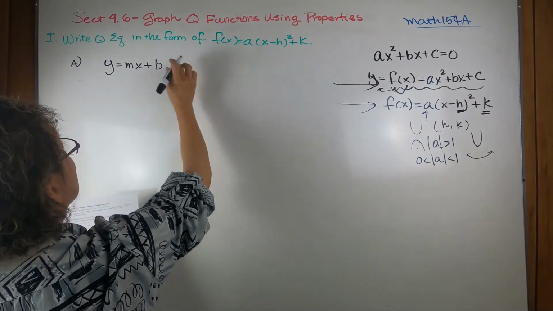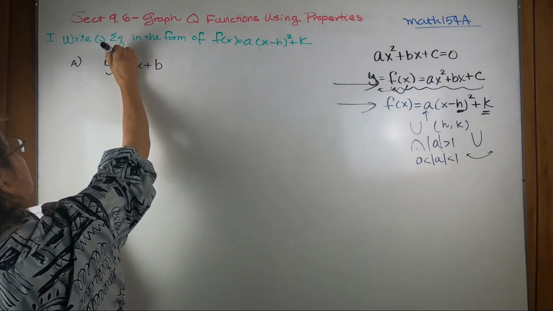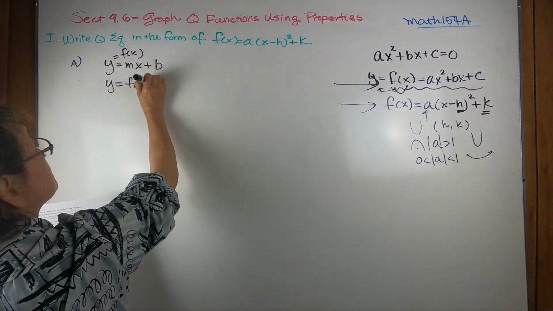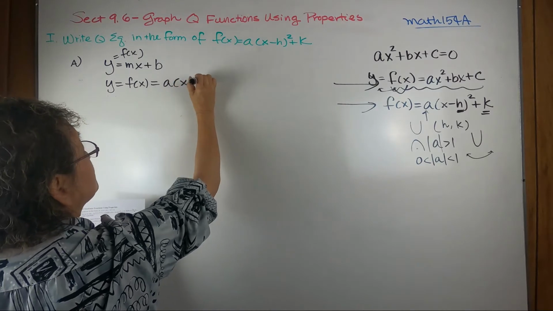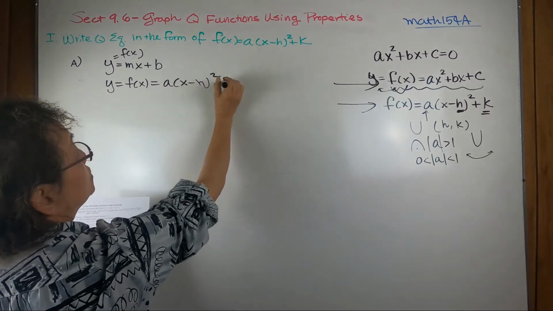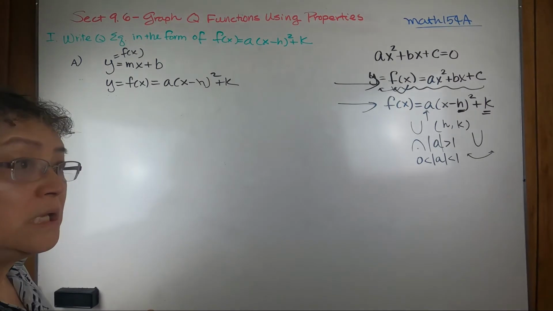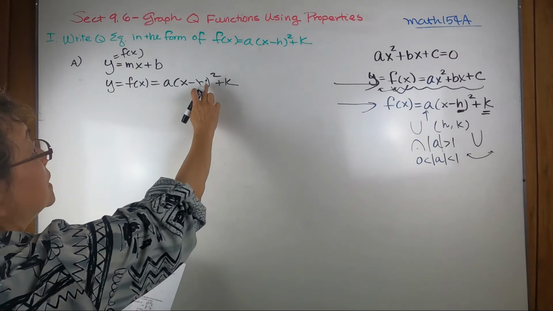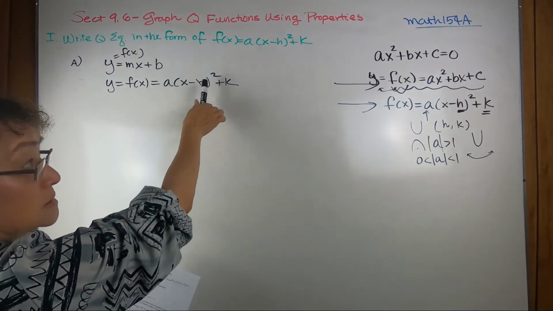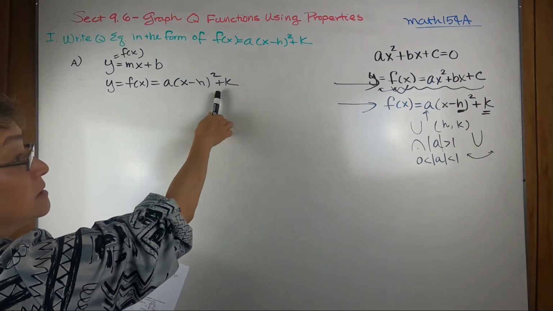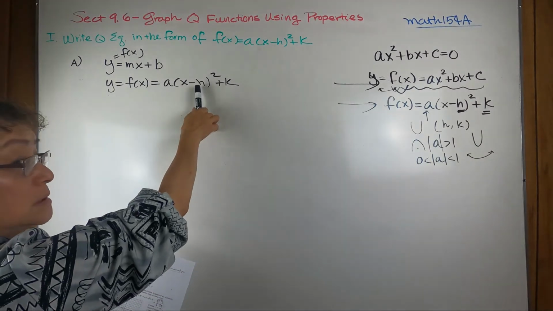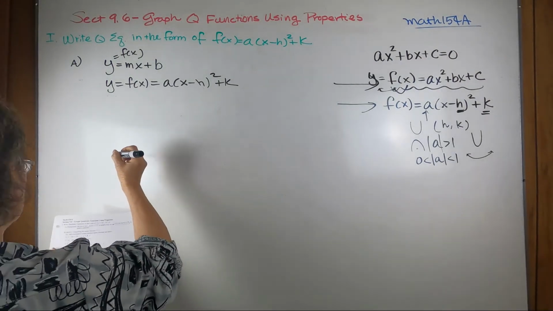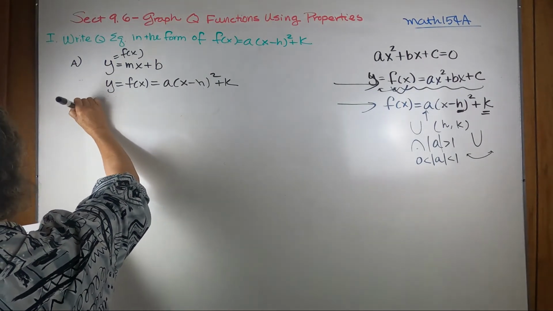For the second degree, we can write y as f of x, and for x squared, that is the quadratic function. So we want to have something squared there, then we can know our h and k, the vertex, right?